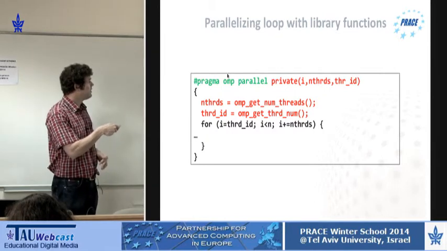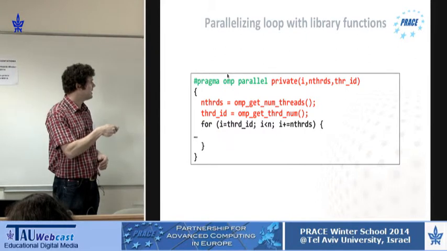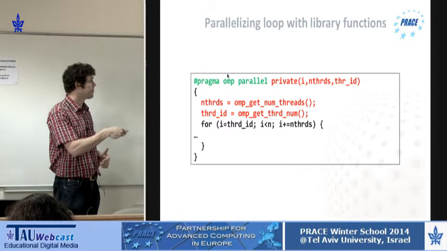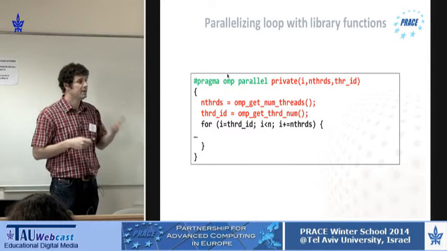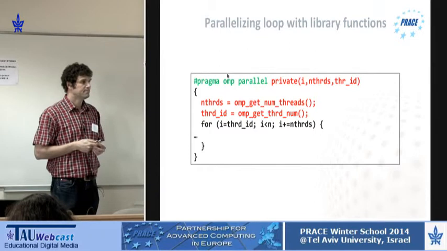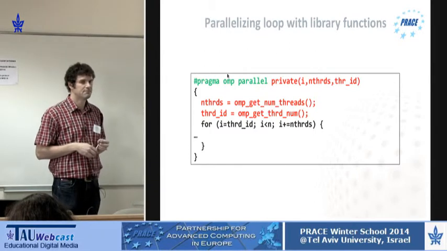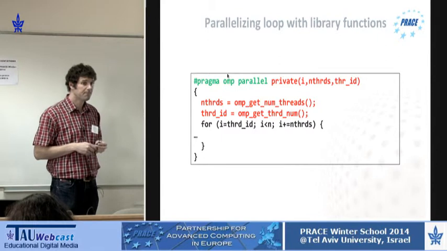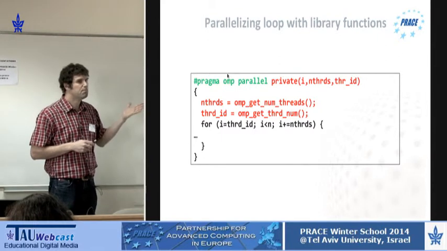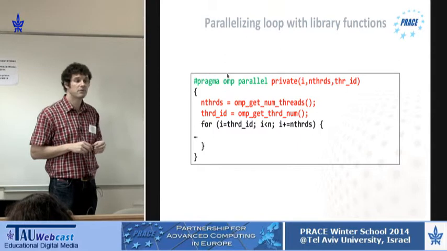And one way, without any sort of OMP do or OMP for clause, would be that the loop variable here would start from thread ID and be incremented in terms of the number of threads. So very much like you might parallelize this kind of construct using MPI. A similar type of parallelization is possible also with OpenMP.